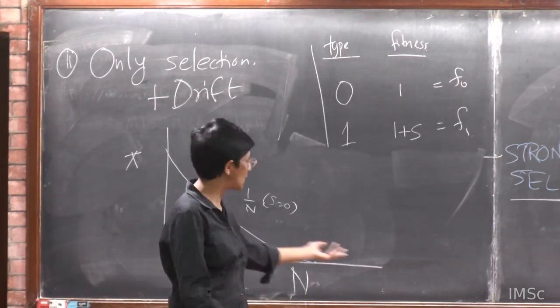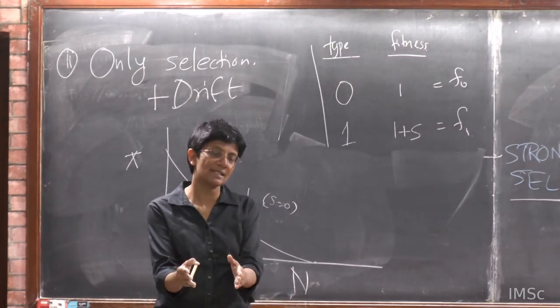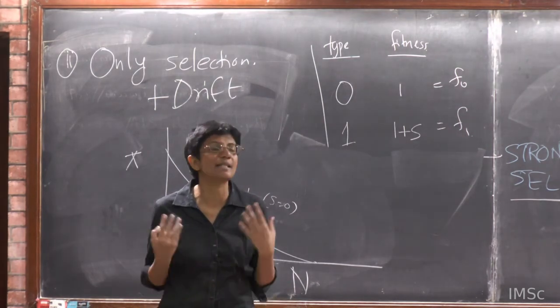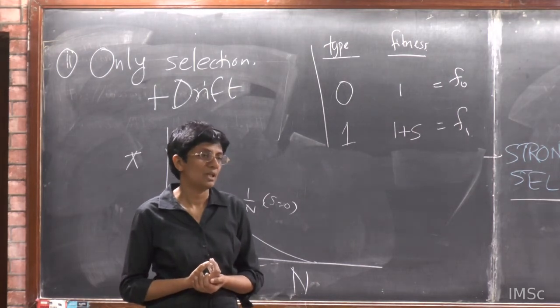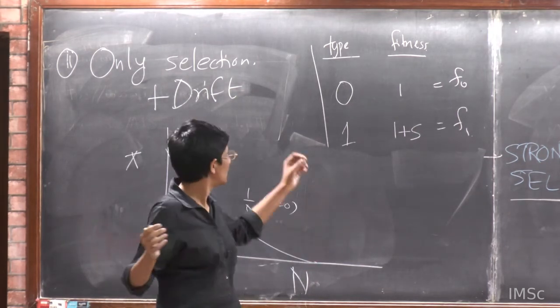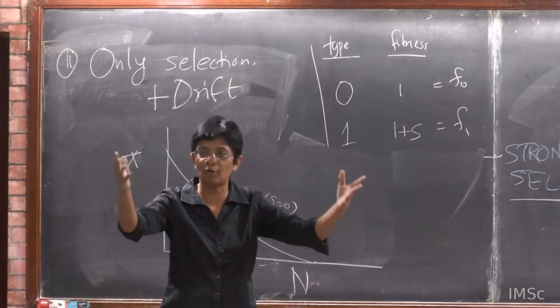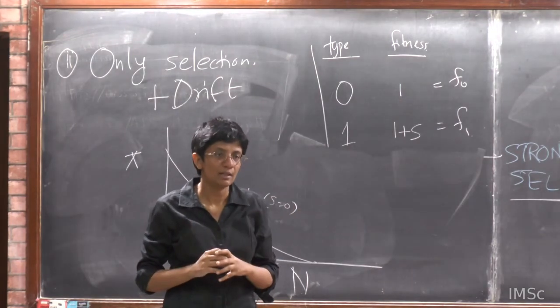Okay. So it's decreasing with n, right? If I fix a value of s, the probability of fixation decreases as n increases. Does this make sense? Can you rationalize this? I have a box with this class of 30, 40 people, in which there is a good mutant.